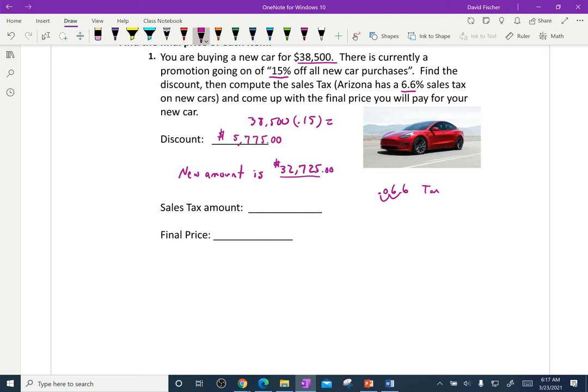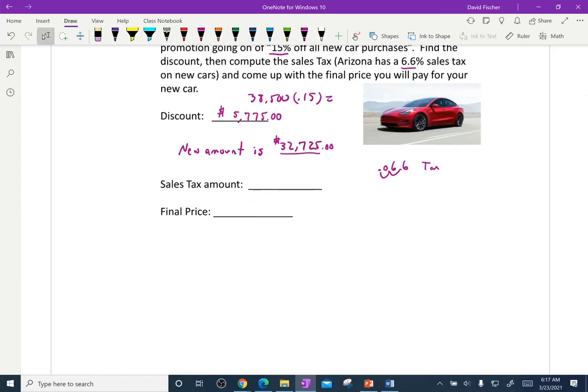That number is still in your calculator, so if you say times 0.066, the amount of sales tax they're going to charge me is $2,159.85. That's a chunk of change, huh? Just because you bought a new car, you get to pay the state of Arizona $2,000. It goes into roads and teachers.